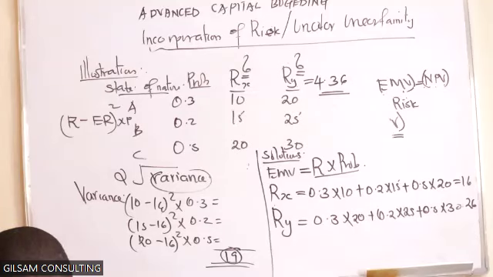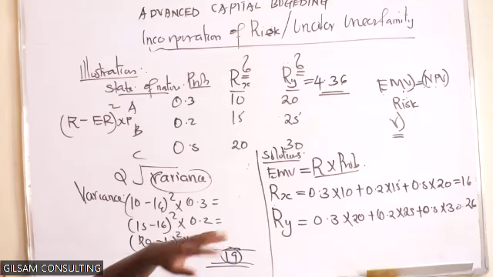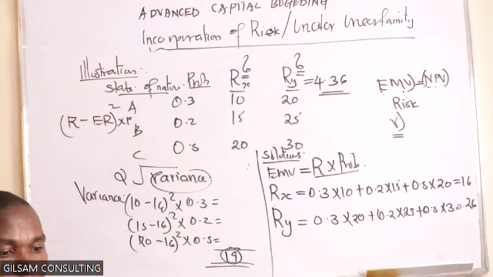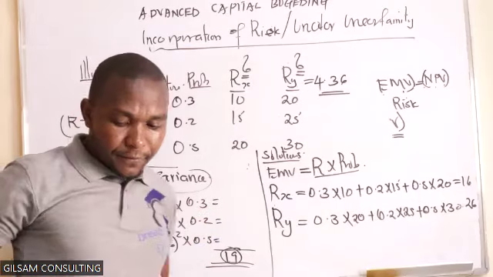They're the same, 19. The variance is the same, 19, because it was ranging by 5, 5, 5. So we have the same result.